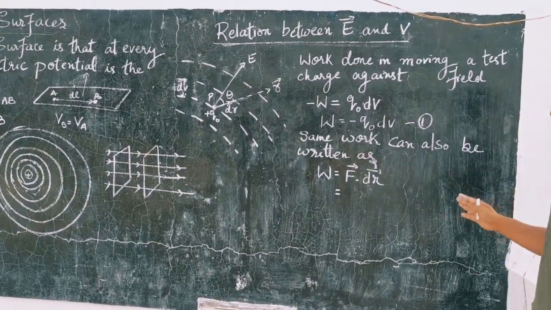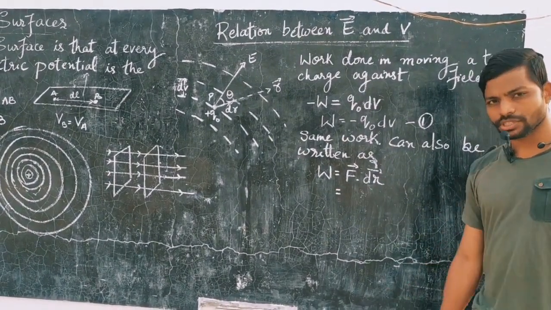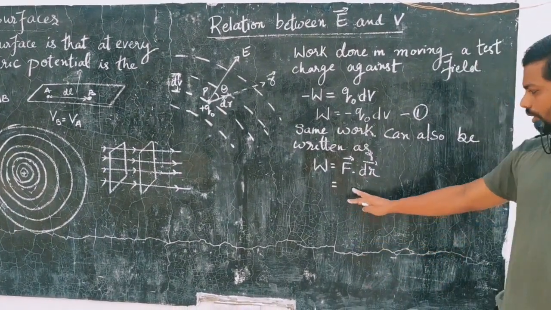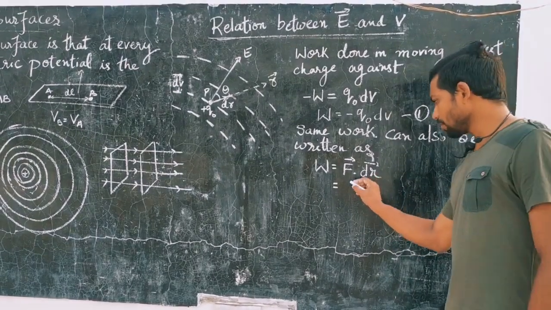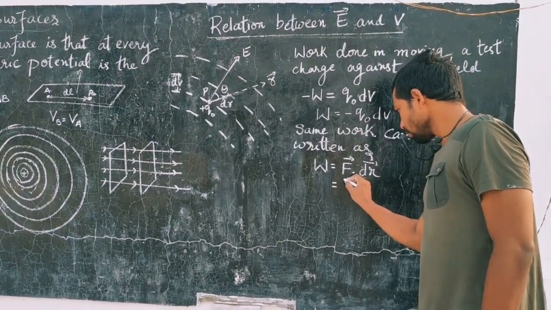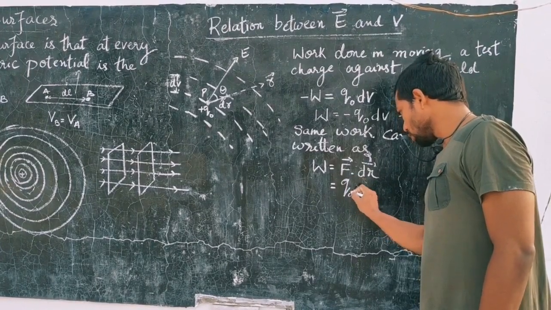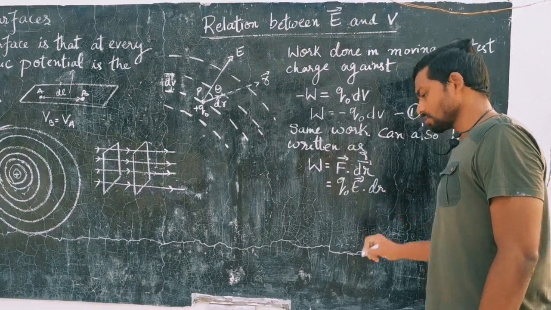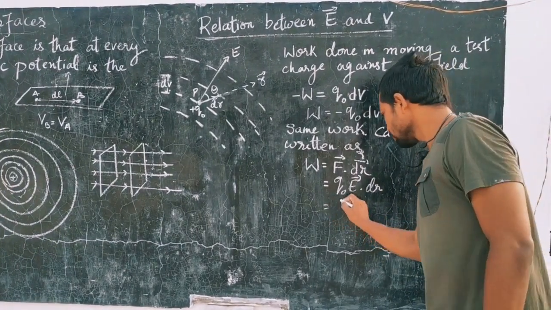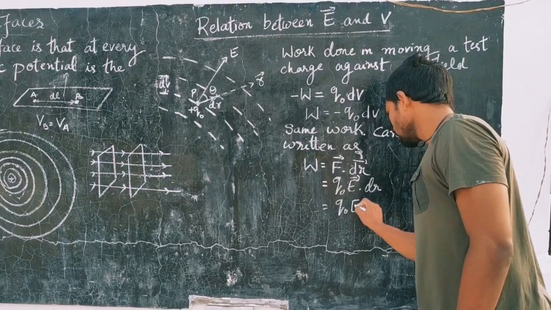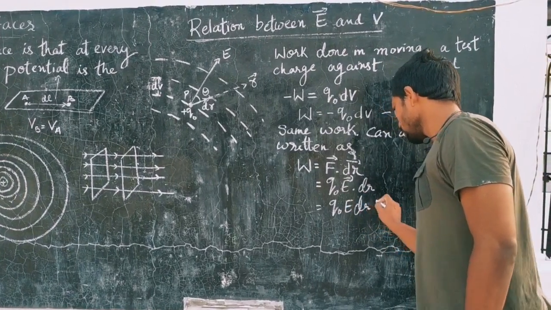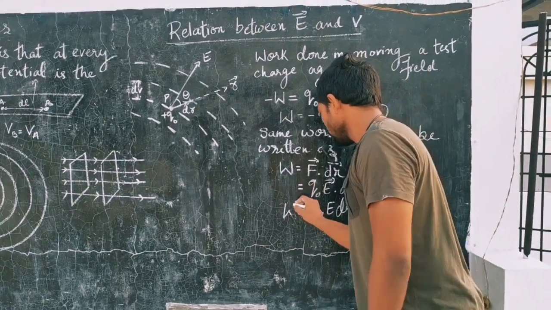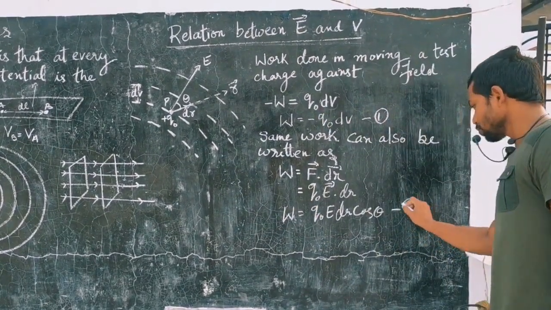Same work done can also be written as W is equal to force into displacement. Displacement is dr, the electrostatic force is F. Then we can write this as Q naught E dr. Then further this can be written as E dr cos theta. Right. Now this is equation 2.